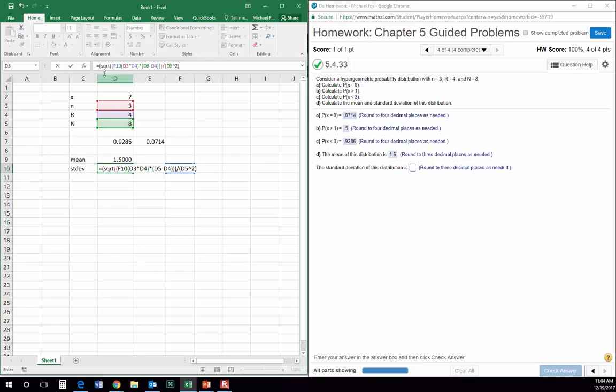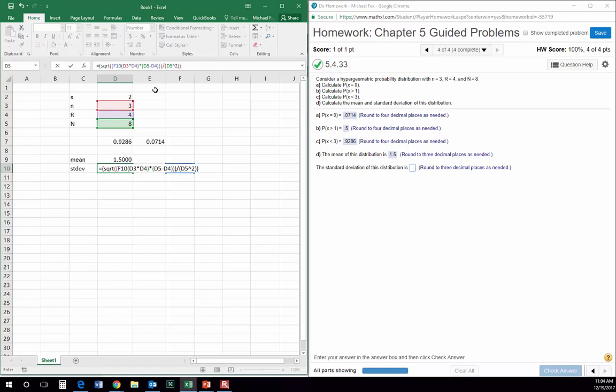So we want the square root, and then all of this. We just have to make sure we close this right. I think that will do it.